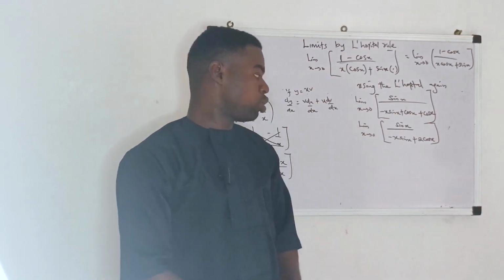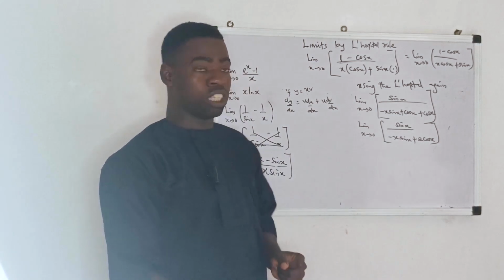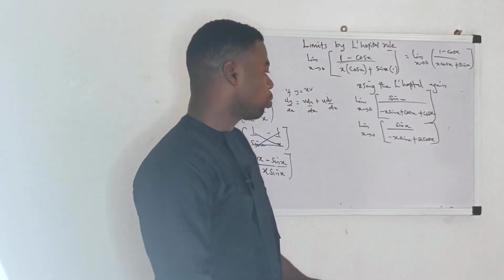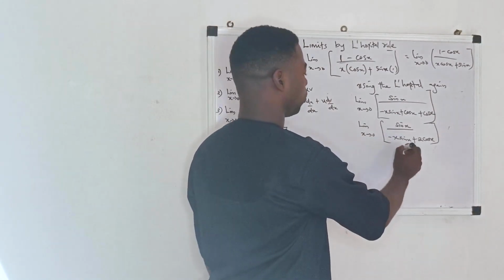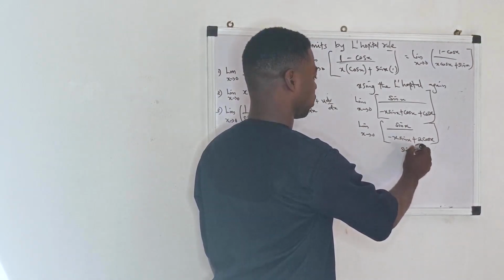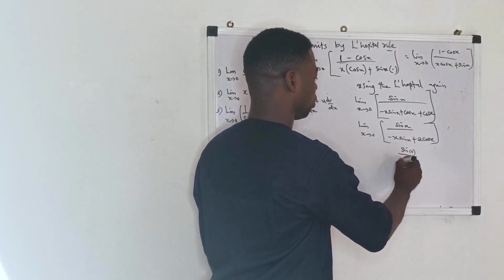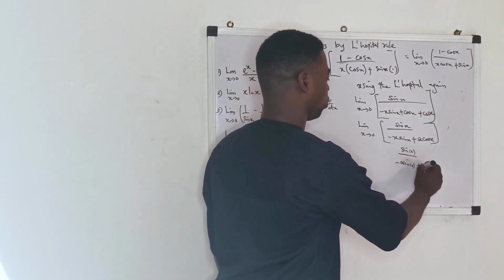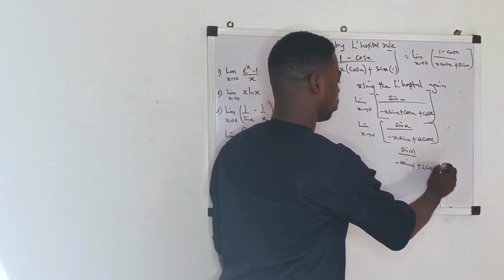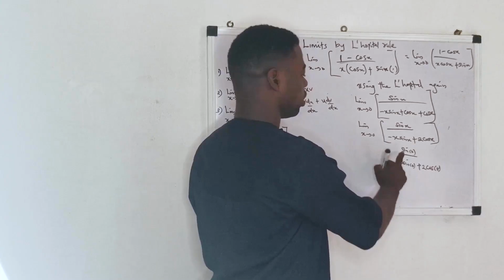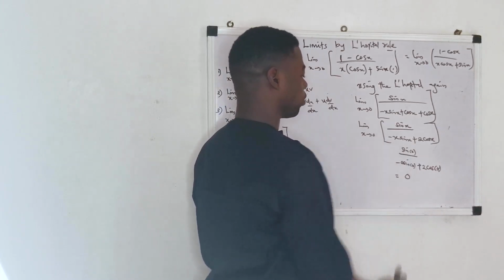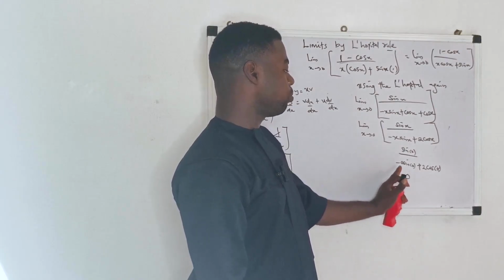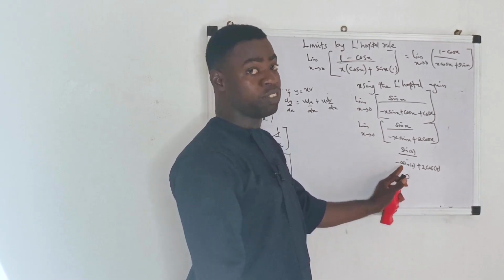So let's substitute our x for 0 and see what the outcome is. For x equal to 0, sine of 0 divided by minus 0 sine 0 plus 2 cos 0. Sine 0 is equal to 0. Whatever this is, for the fact that I'm multiplying it by 0, is definitely 0.